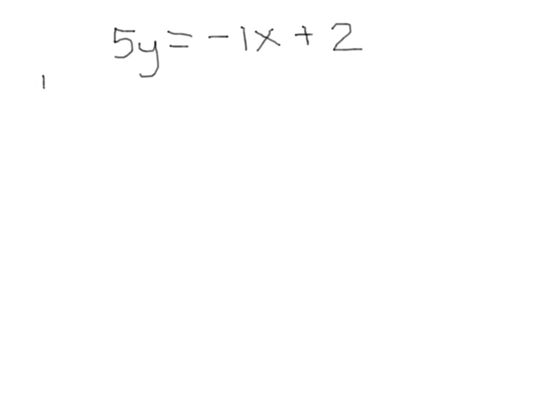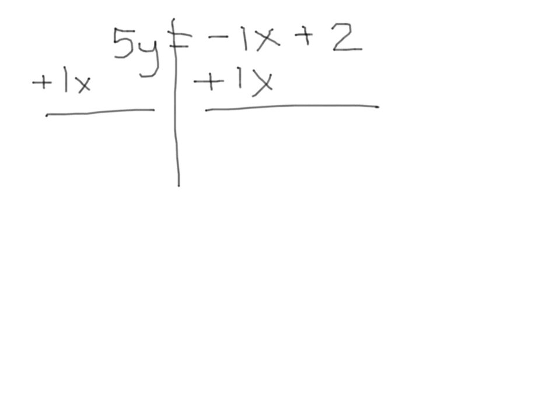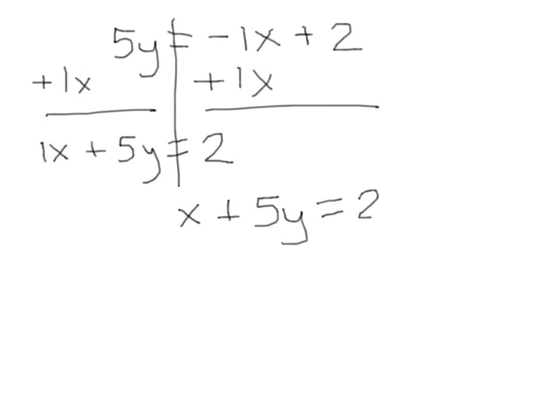So I'm going to add a 1x to both sides of the equation, and that's going to give me 1x plus 5y is equal to 2. And now that equation, x plus 5y equals 2, is in standard form. And that's the end of that one.